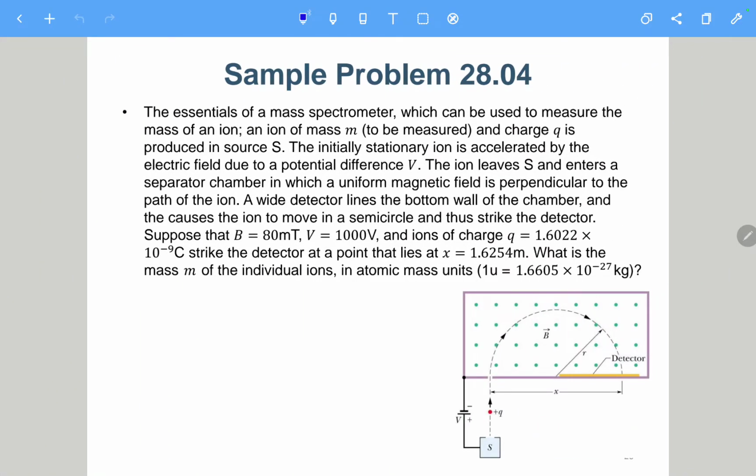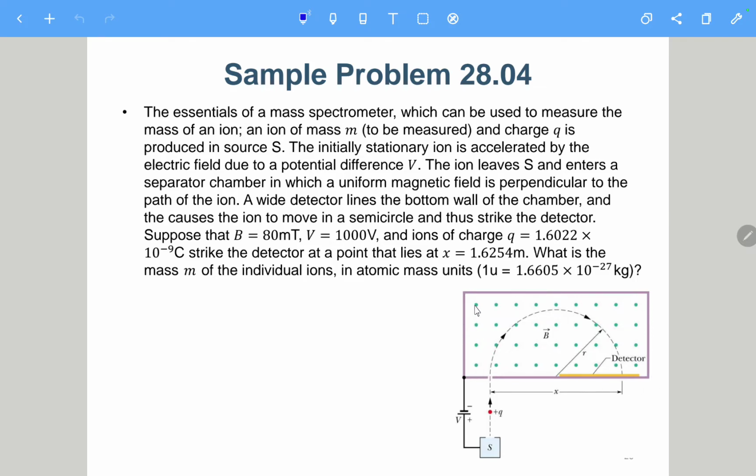Okay, so next we have another sample problem. It says the essential of a mass spectrometer, which can be used to measure the mass of an ion, is as follows. An ion of mass m to be measured and charge q is produced in the source S. This one is the source. It generates the particle moving upwards, and then here is a slit, so it can enter the chamber.